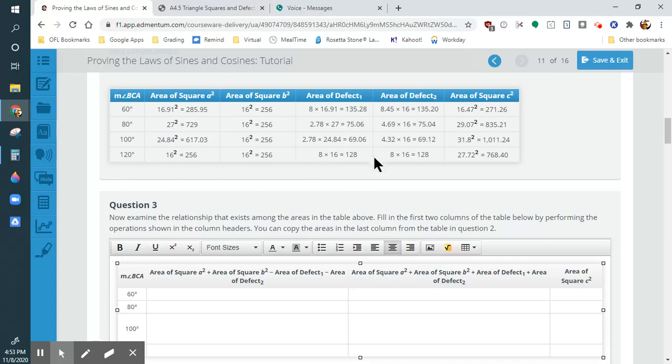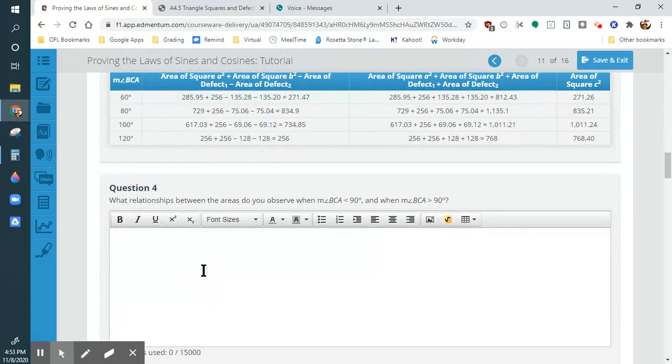So when it is, how do I say this? When it is less than 90 degrees, we see that A is bigger than B, right? So you can see that here. A is bigger than B. But after that point, it starts getting small. Well, they are phrasing this weird.